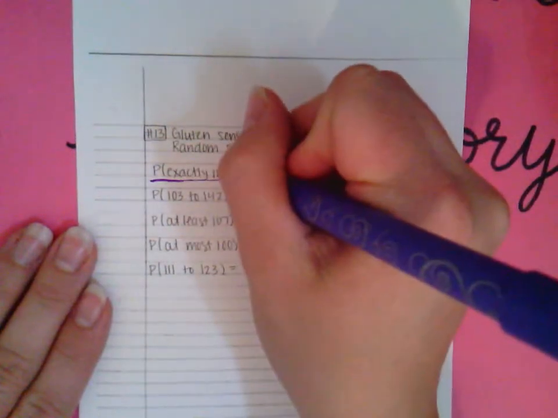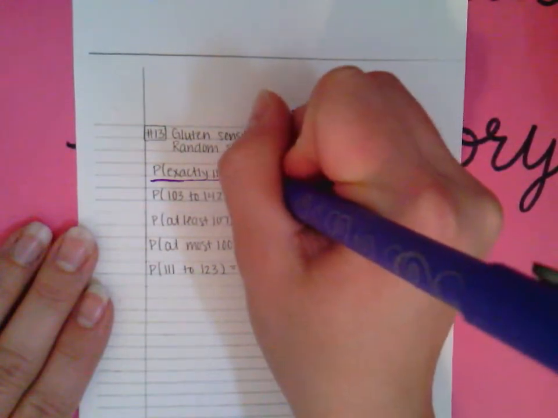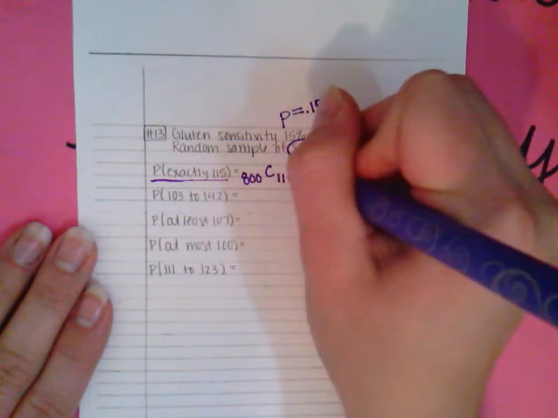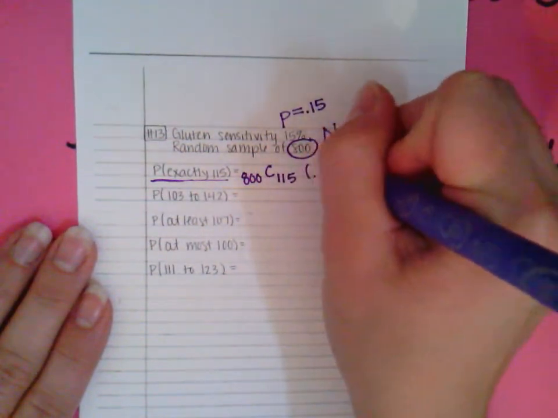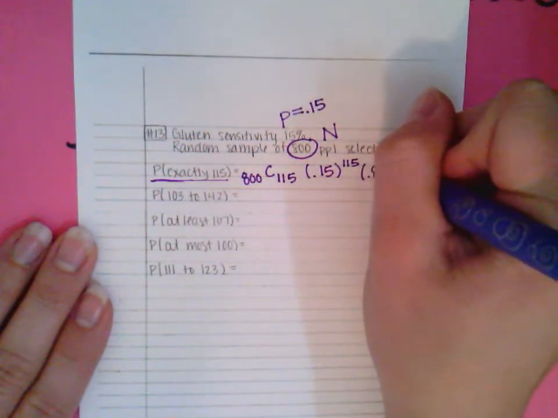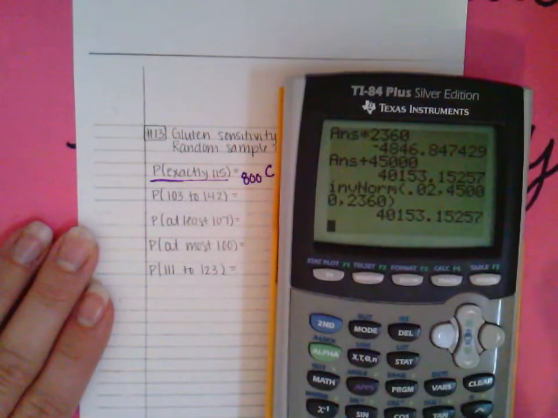Whenever it's an exact question, I would just do the binomial model because that's going to be the most exact.